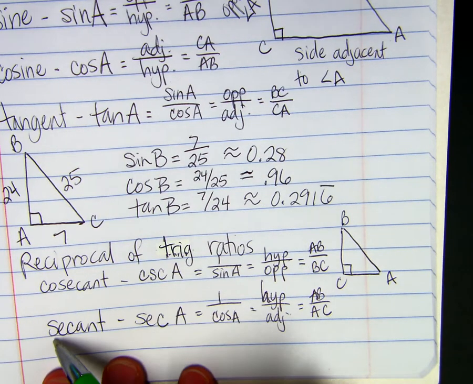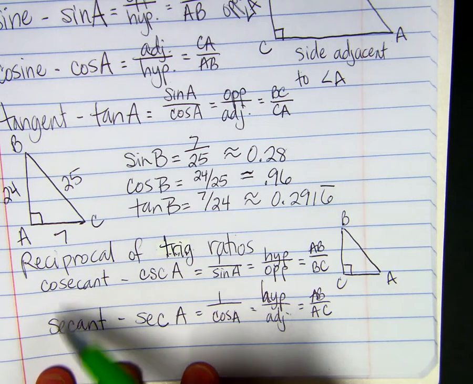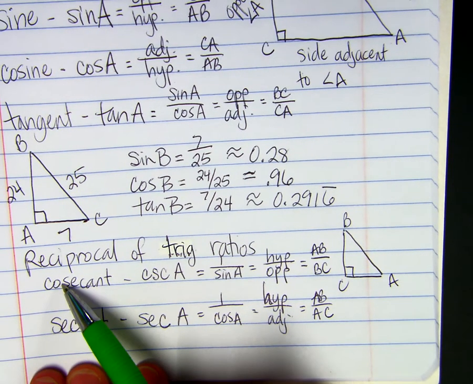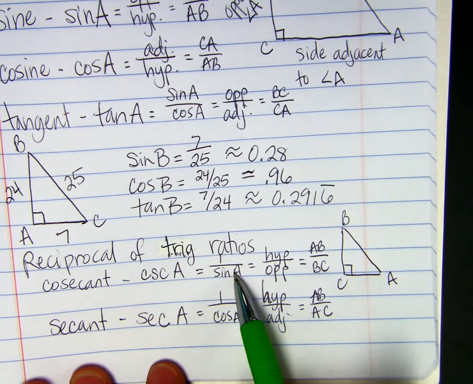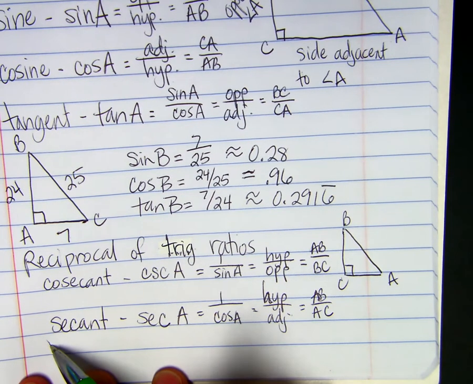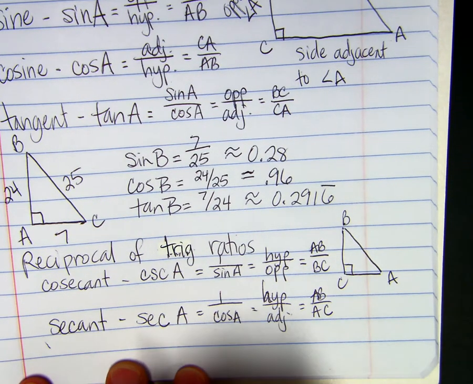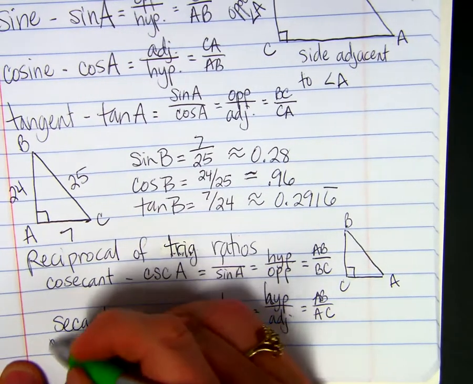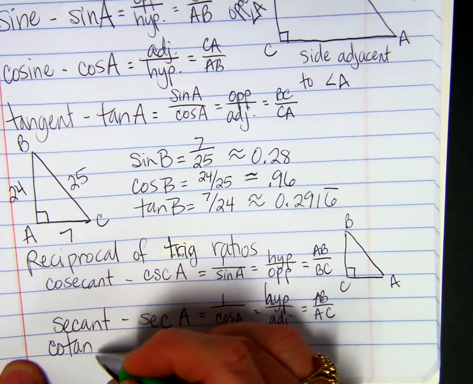These two tend to get me confused. If it starts with a C, then it's the reciprocal of the sine. If it starts with an S, then it's the reciprocal of the cosine. And then you have the cotangent.